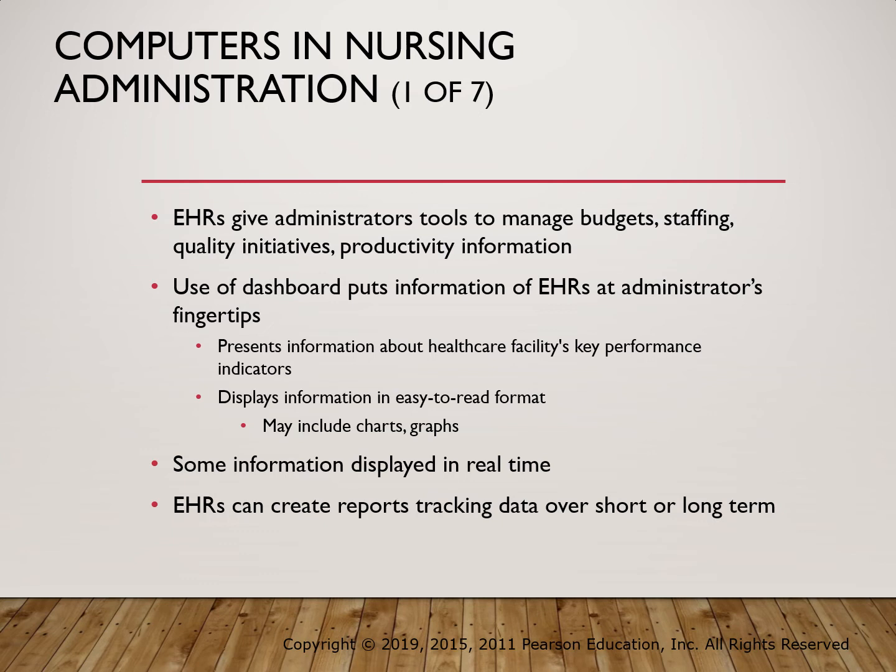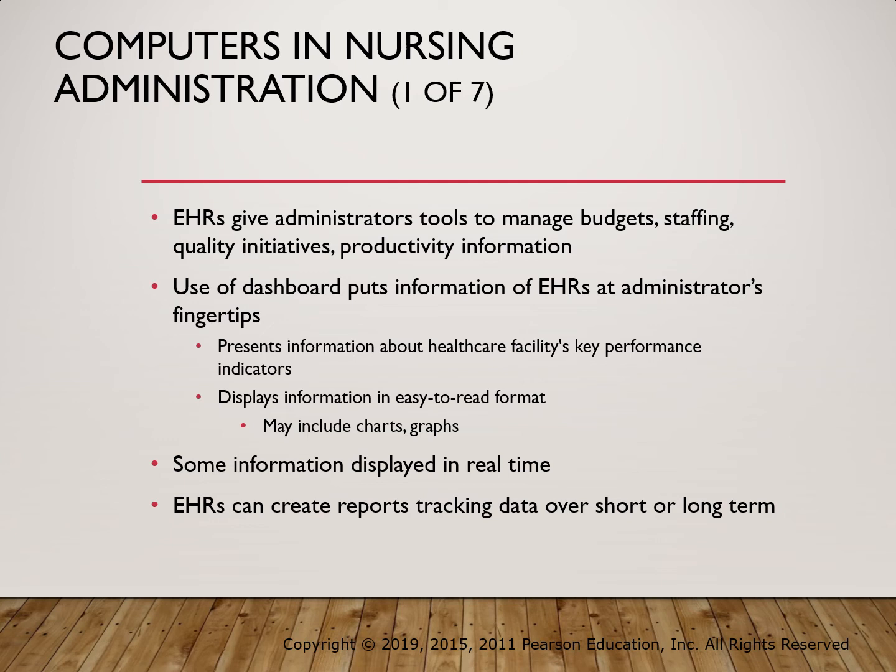Use of dashboards puts the information of the electronic health record at the administrator's fingertips. Information such as quality indicators, results of surveys that were done, charts and graphs, and just key information about what they talk about here, the performance indicators. How did your unit perform on preventing falls and preventing pressure ulcers and preventing UTIs?